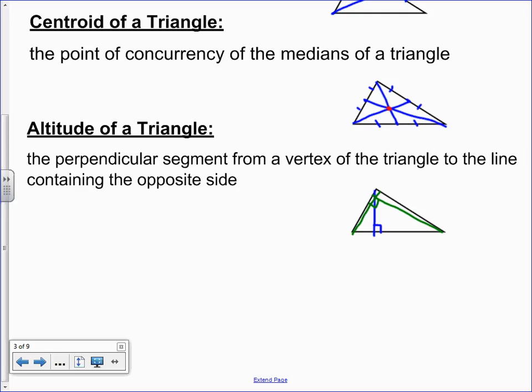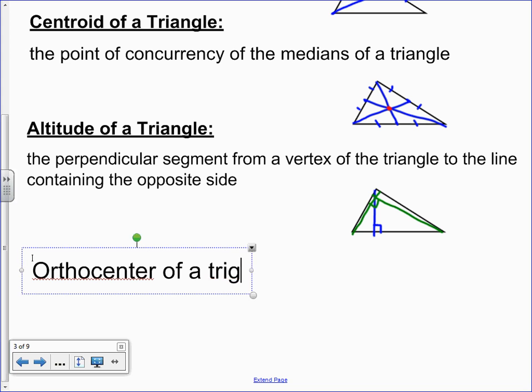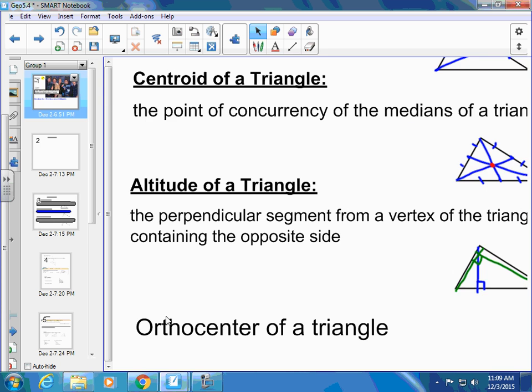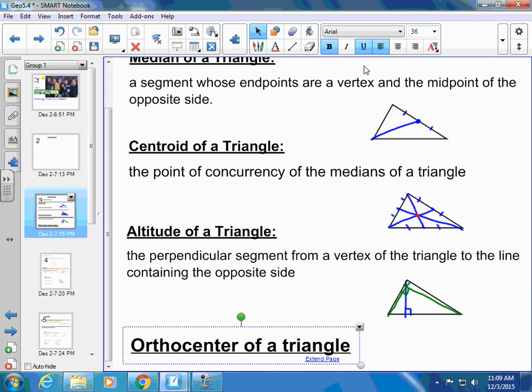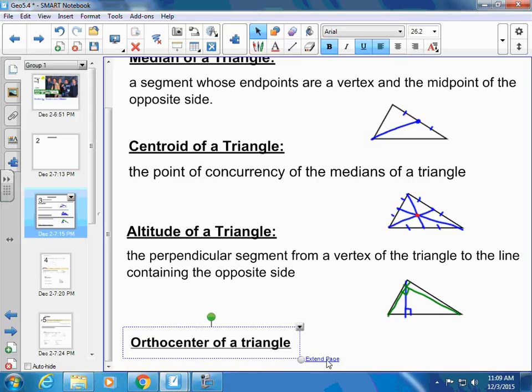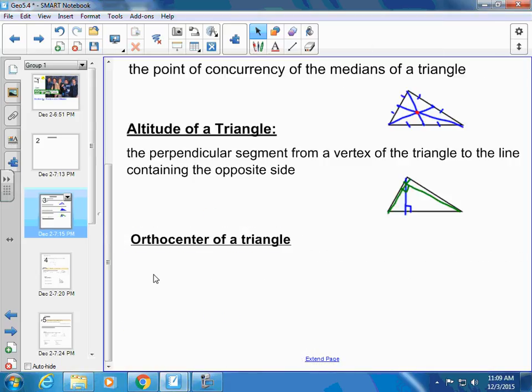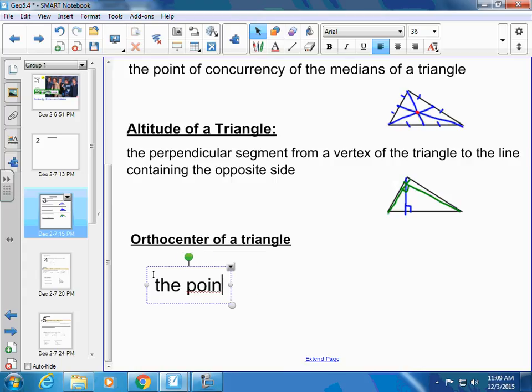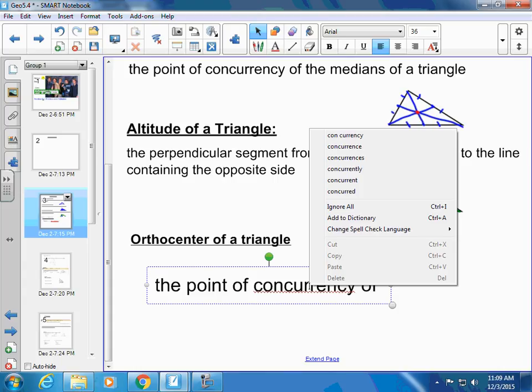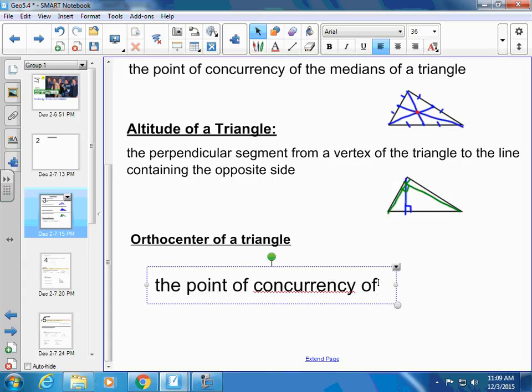And I don't have that on here, but I'm going to add that to this. And these are in your notes at some point in time. But the orthocenter. I can't believe I don't have that one on there. The orthocenter of a triangle is the point of concurrency of the altitudes of a triangle.